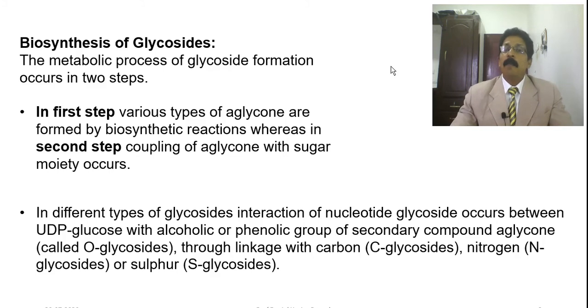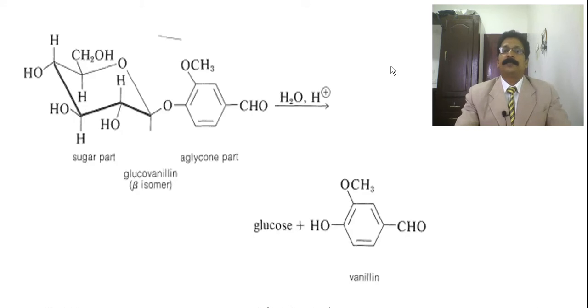So in different types of glycosides, interaction of nucleotide glycoside occurs between UDP, that means uridine diphosphate glucose, with the alcoholic or phenolic group of the secondary compound aglycone called O glycosides, through linkage with carbon C glycoside, nitrogen N glycoside and sulfur S glycosides.